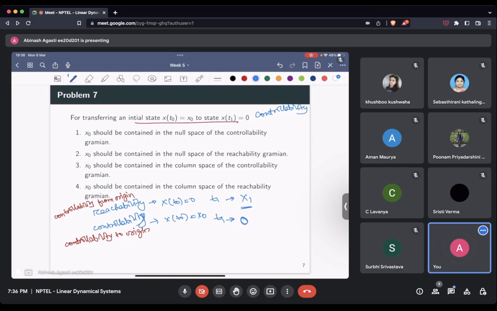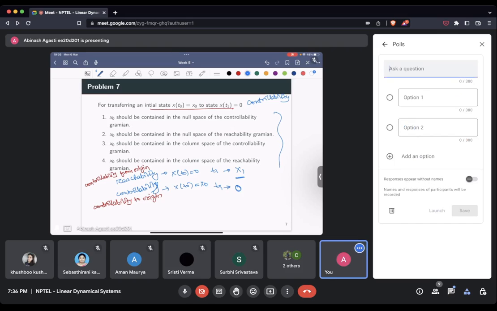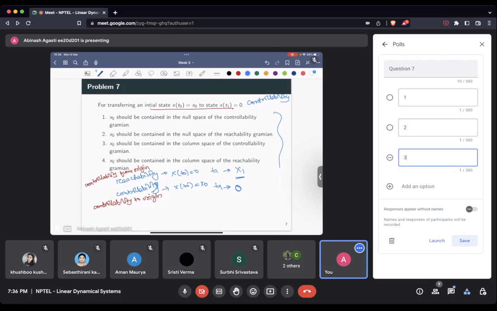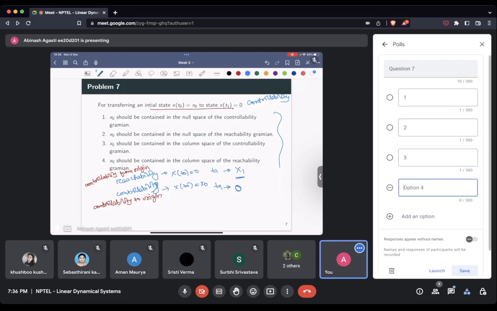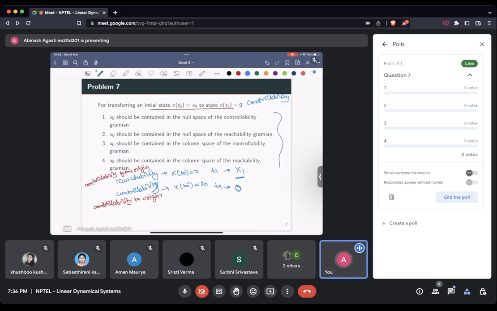So for x naught to be a controllable state, which of the following conditions is necessary? Tell me. Okay, I'll just put up a poll for this. Please submit your answers through it. You should be able to see the poll.